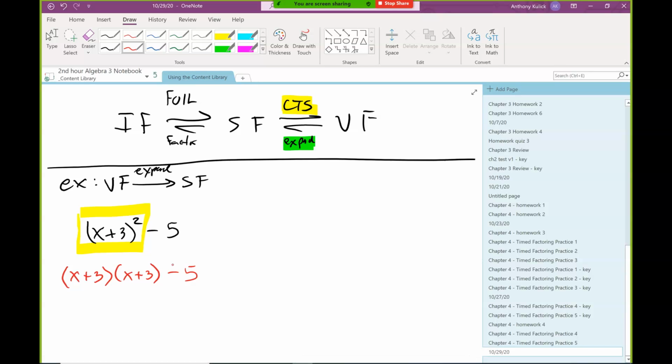And then we can just FOIL this out, right? So x times x is x squared. x times 3 is 3x. 3 times x is 3x. And 3 times 3 is 3 squared. I'm going to write it as 3 squared there for a moment, rather than 9 right away. I'll explain why as we go, but it's not a big difference.